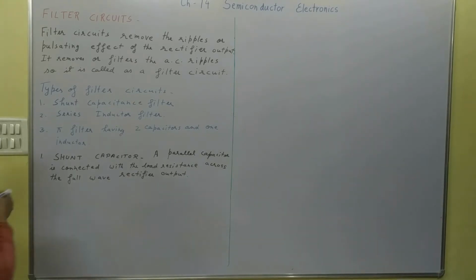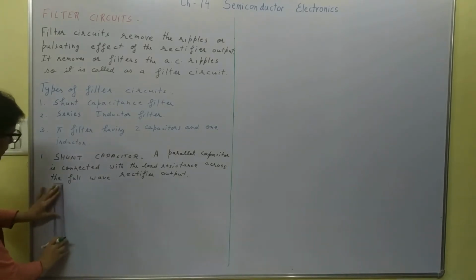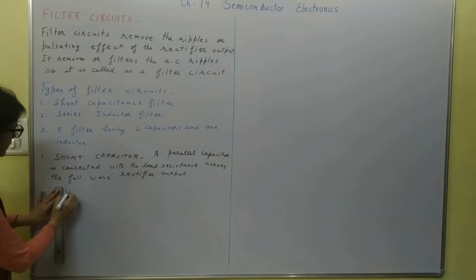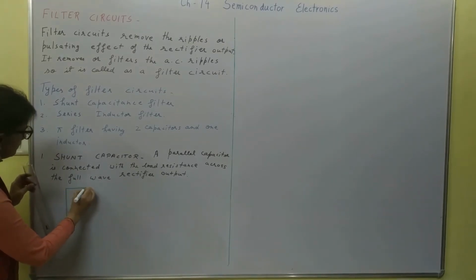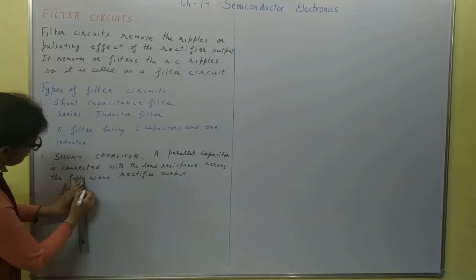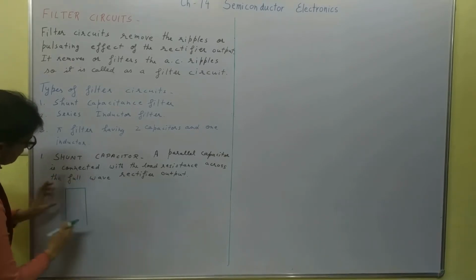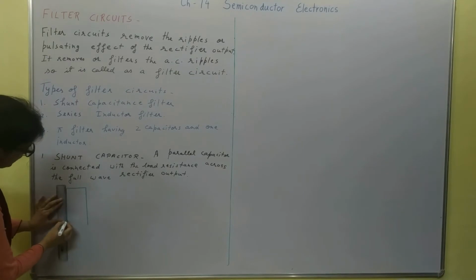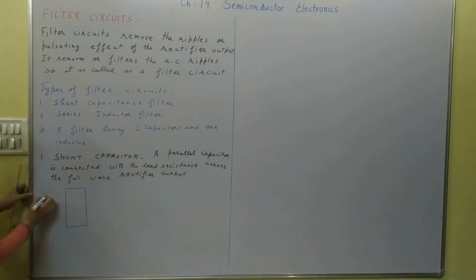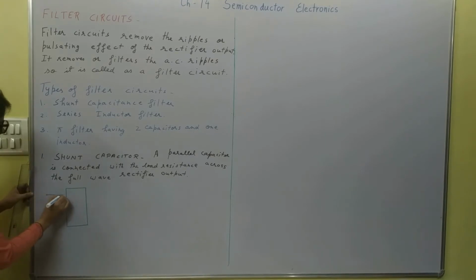Let's look at the diagram first. So here in your NCERT, a simplified version of the diagram is given, which we are discussing here. This is the full wave rectifier which is given in the box. So a symbolic box representation for full wave rectifier is given here. This is the input.